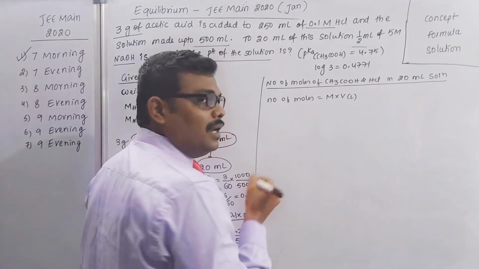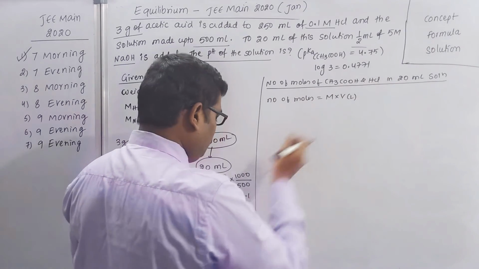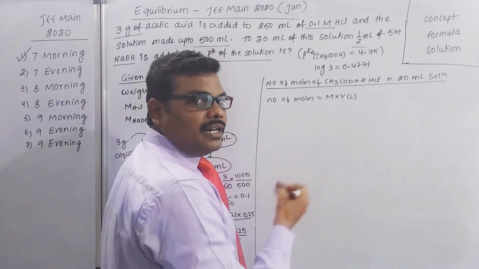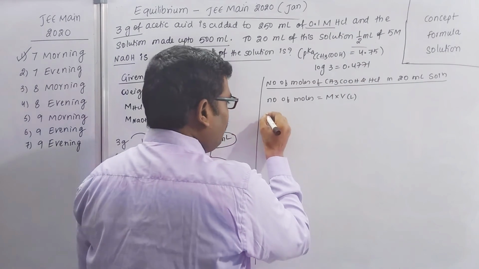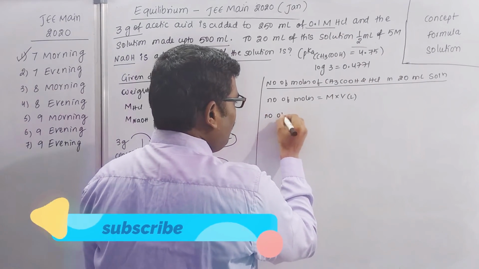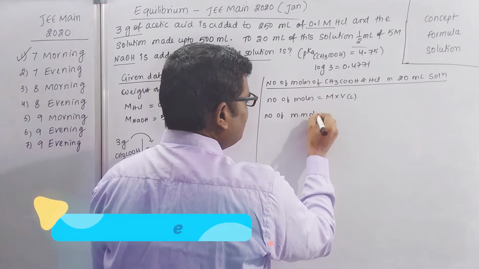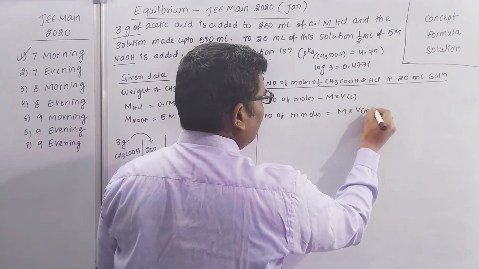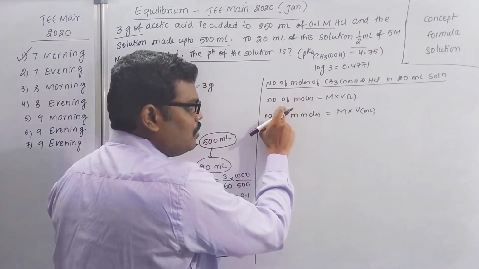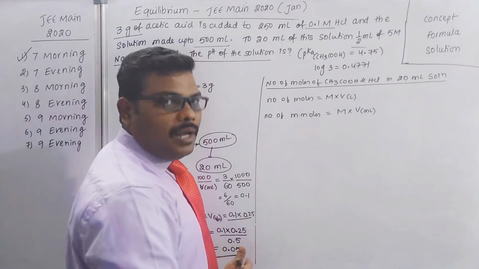We can calculate millimoles also because these are very small quantities, so it is better to calculate millimoles. Number of millimoles is molarity into volume in milliliters. Volume in liters gives moles, volume in milliliters gives millimoles.